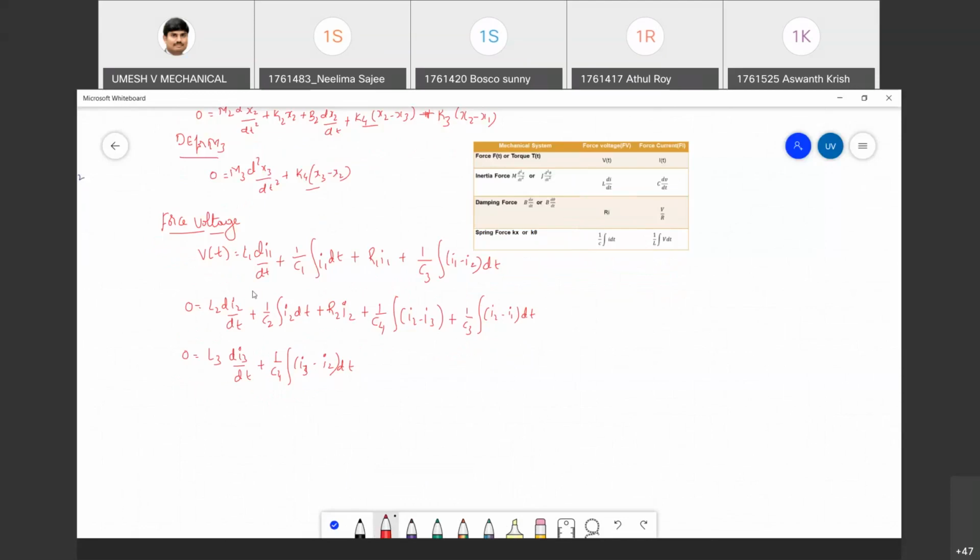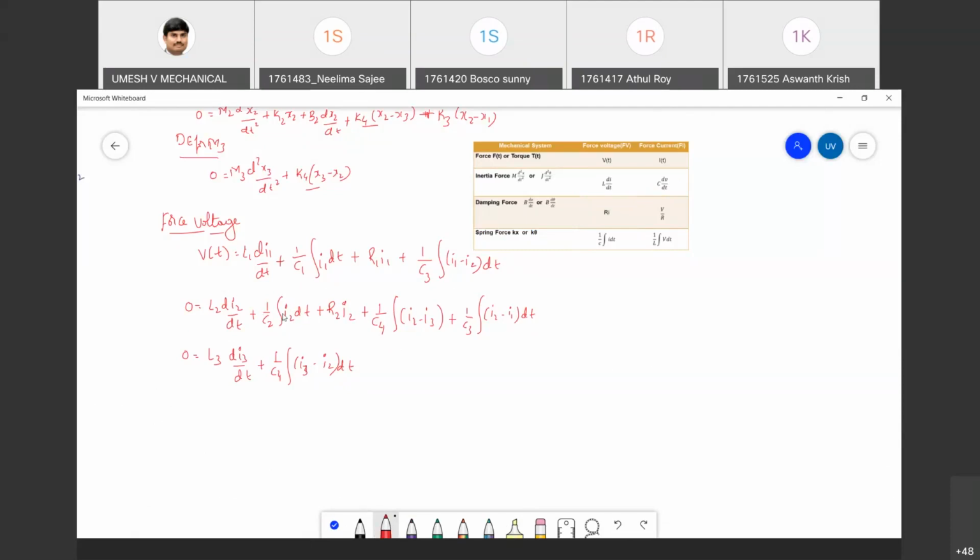So now look at all the 3 equations. Out of the 3 equations, how many currents are there? Kindly chat. Look at all the equations.